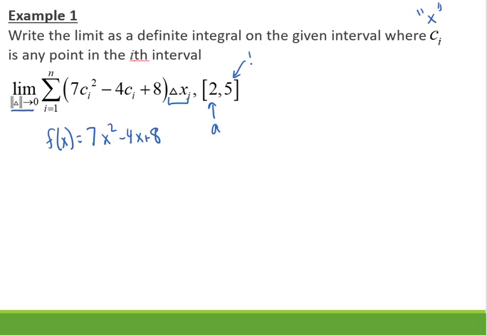So I need to write this as a definite integral. So my integral symbol from a to b, but you actually want to write in that a. My a is 2 to 5 of 7x squared minus 4x plus 8. Put that all in parentheses because that's the function I'm taking the integral of, dx.